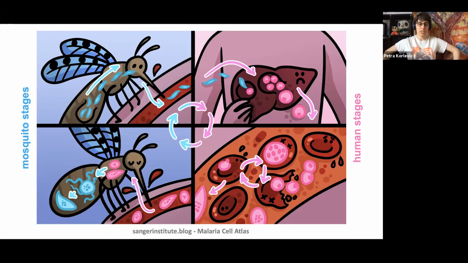It's using the mosquito resources to again change forms and enter the salivary glands, and the cycle repeats. So this is an extremely complex system, and we need to figure out how to target this and how to stop the cycle in the parasite and not the mosquito or the human.